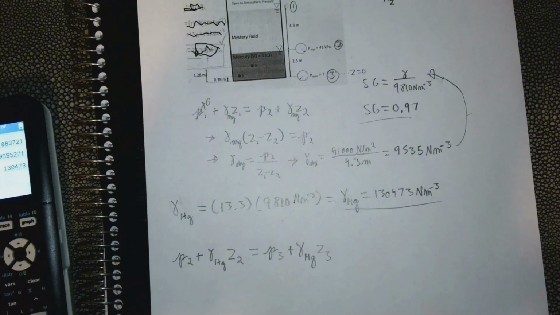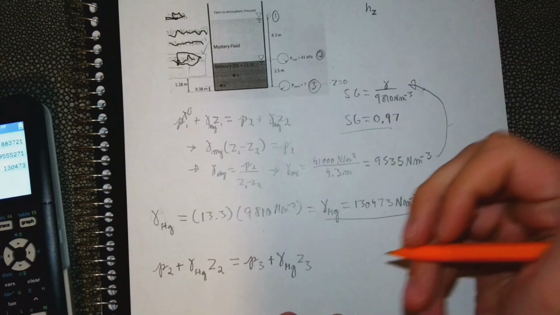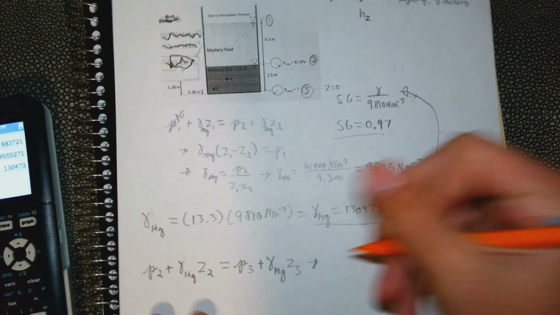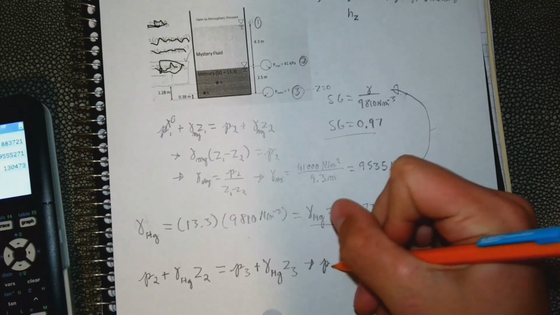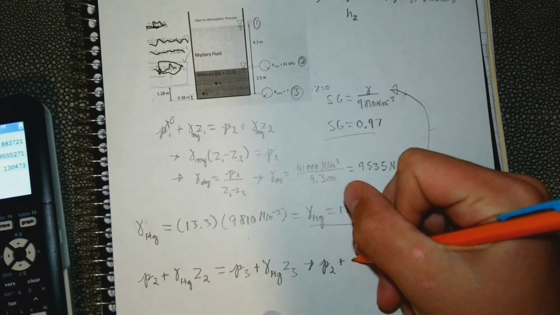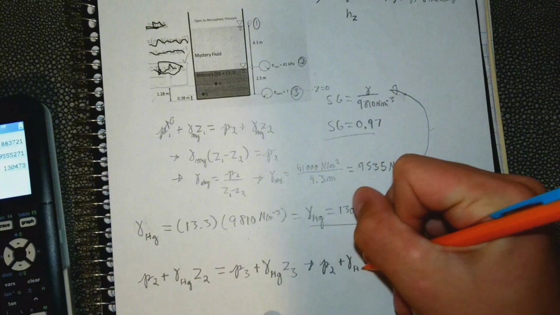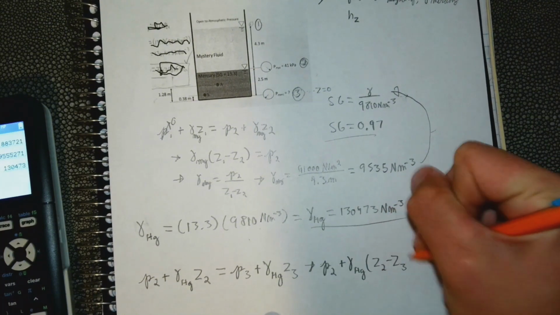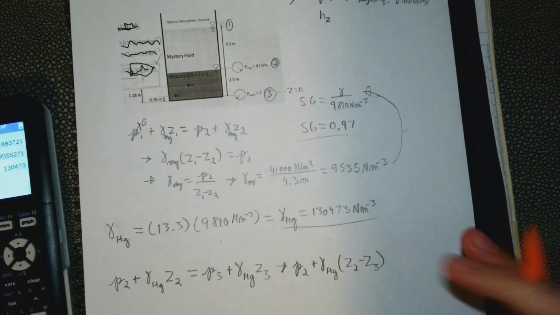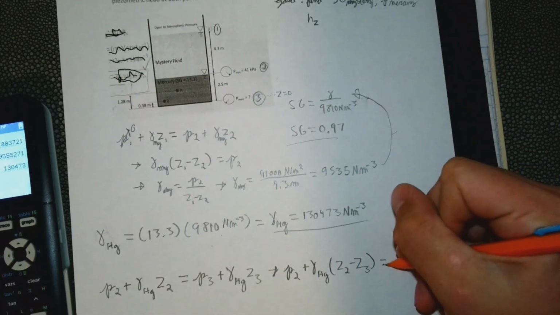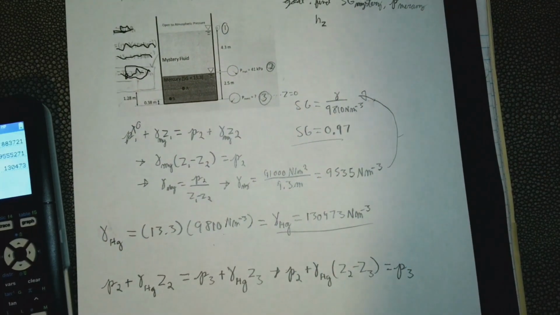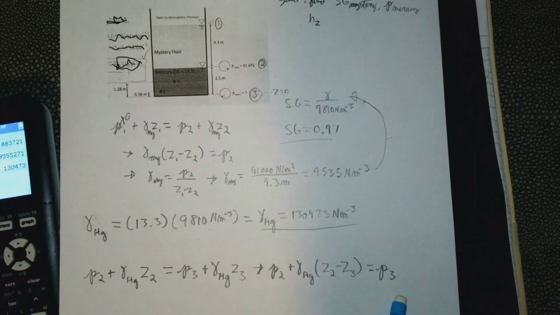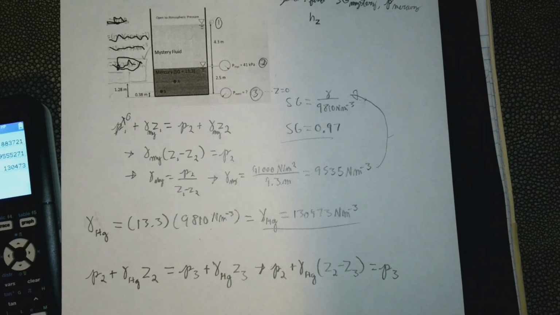The pressure at the bottom. Okay, so let's rearrange this. So we'll get P2 plus. Okay, so I rearranged it, solve for pressure at the point 3 at the bottom.